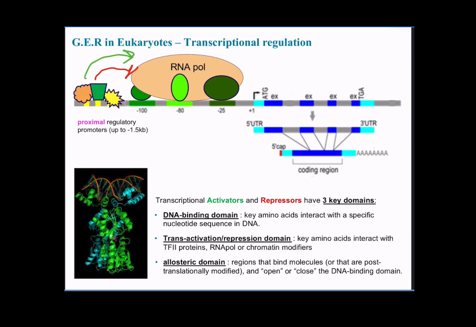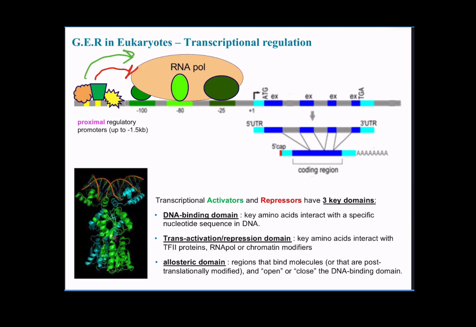So at the end of the day, regulatory promoters will control the expression of their target genes, meaning the genes that they regulate, based on some sort of balance between the activators and repressors present in those regulatory promoters.